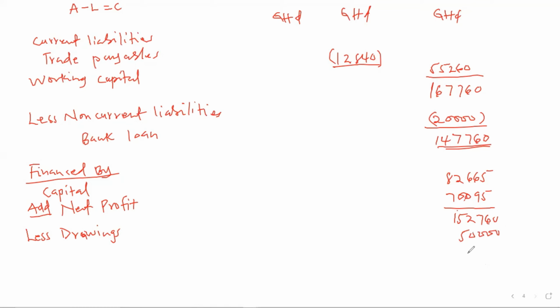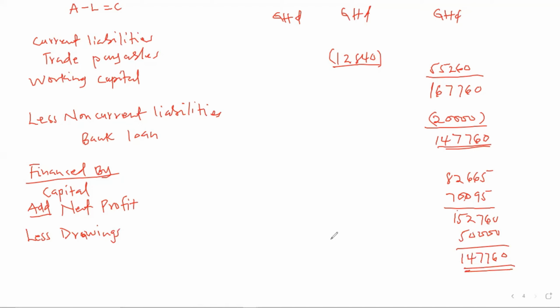So when you less, you will get 147,760. So that is all.